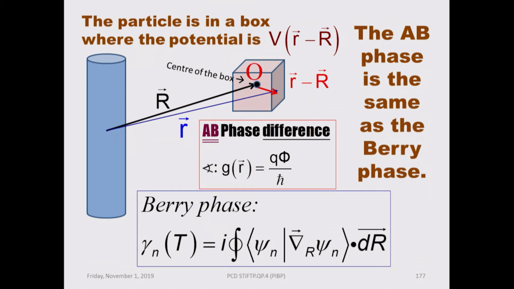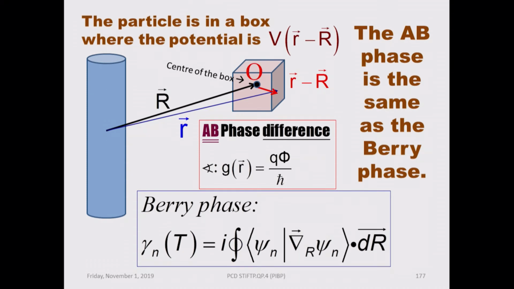And to see how it is the Berry phase, okay, we did not define Berry phase as the Aharonov-Bohm phase. We defined it by what is at the bottom of the screen, that the Berry phase is i times this integral. Okay, this was I think in the previous class or in the class prior to that, right. So, we have to show now that the Aharonov-Bohm phase is the same as the Berry phase.